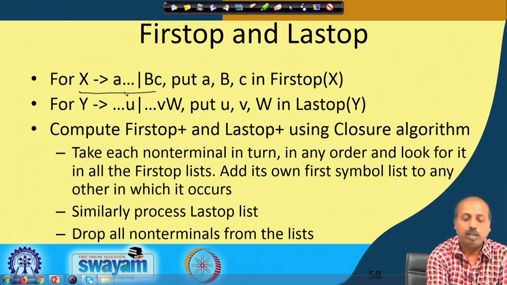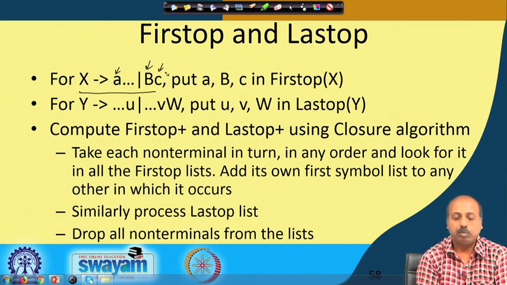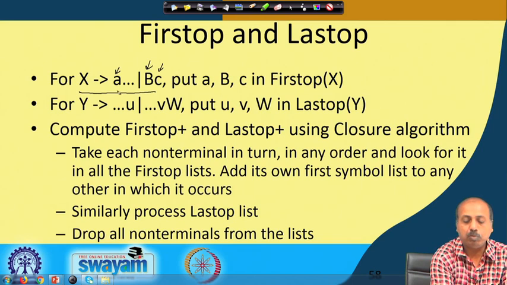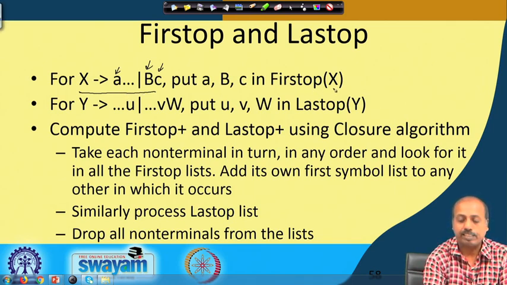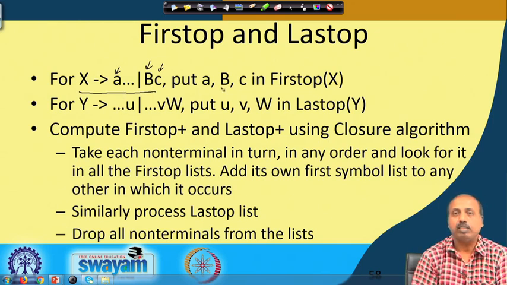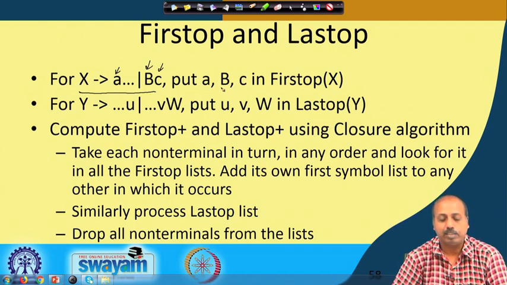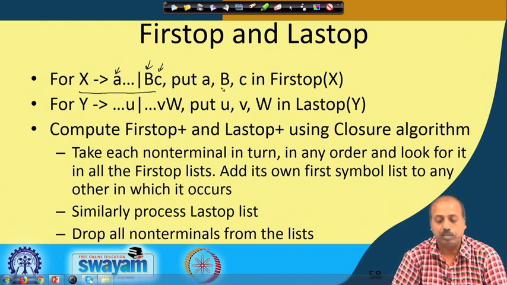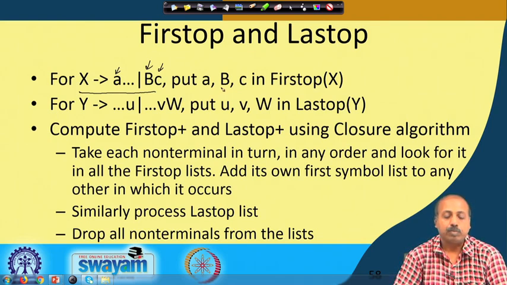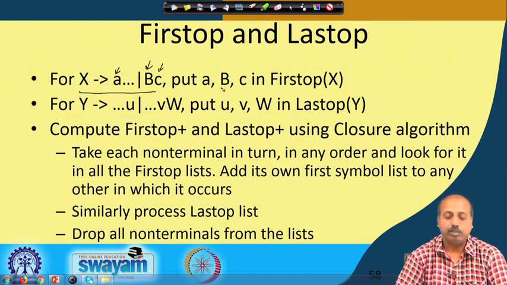In this particular rule I have a as a terminal symbol, B is a non-terminal, C is a terminal, like that. So, you take from the rule the first terminal symbol that can come. That is the first of X: what is the first terminal symbol that can come on the right hand side derived from X. This is the definition of first of.